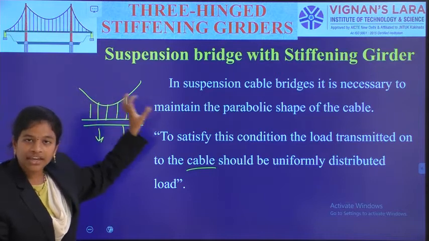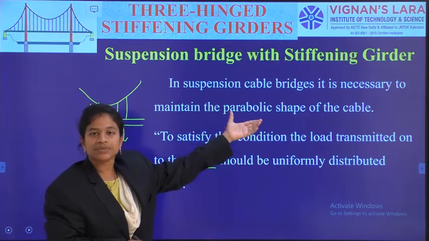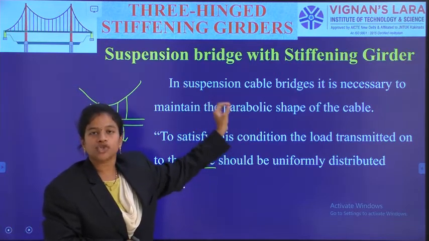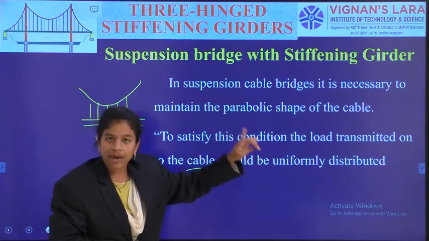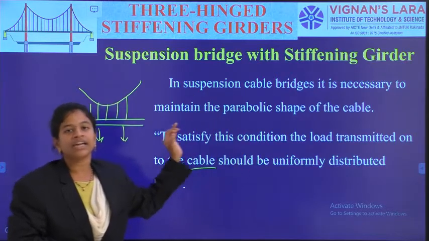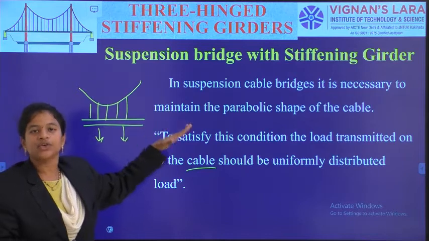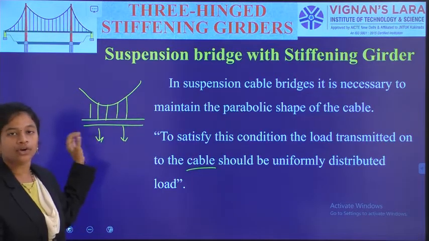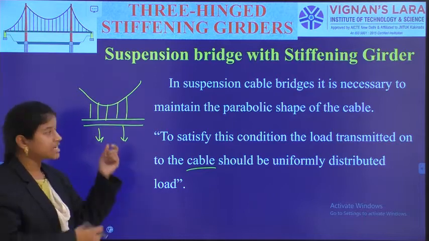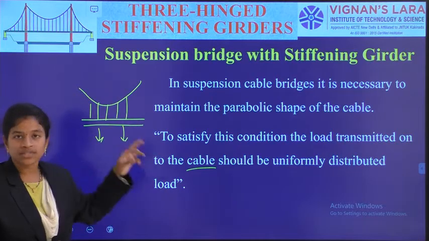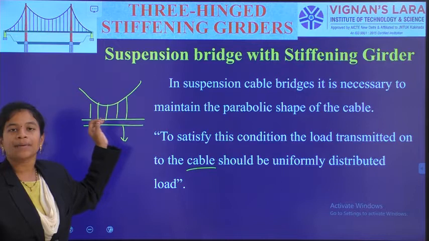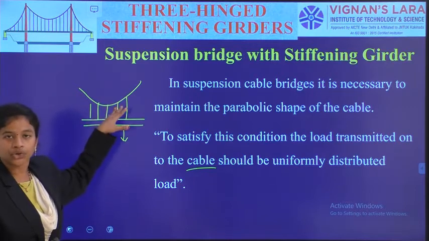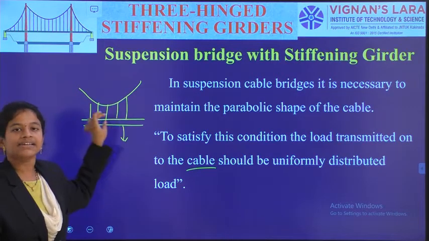The main condition in the suspension cable is the main cable should be in the parabolic shape. That parabolic shape only comes when the load on the cable is uniformly distributed. How are we applying the uniformly distributed load? When a vehicle has moving point loads, it will cause a funicular shape, but I want to convert it into UDL. That's why we are indicating stiffening girders.